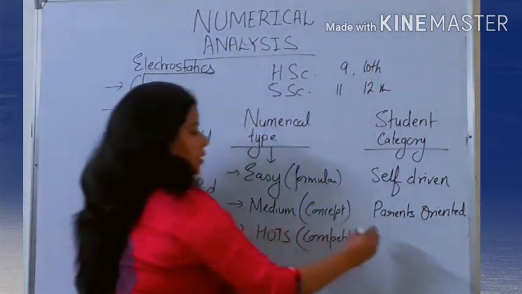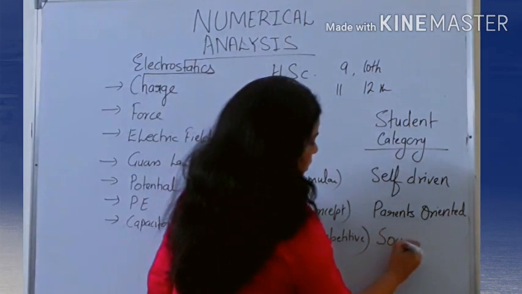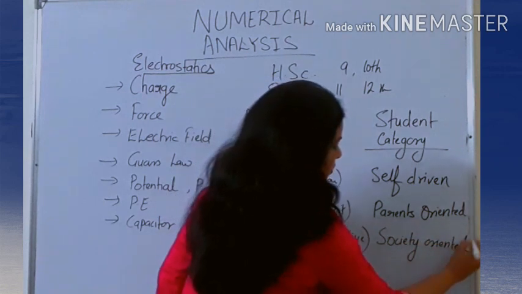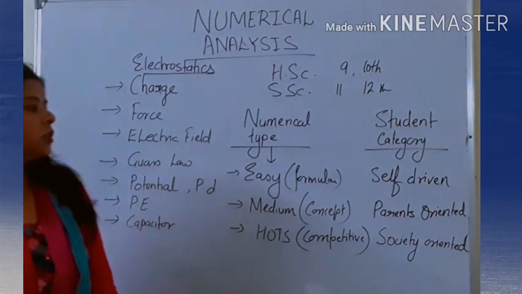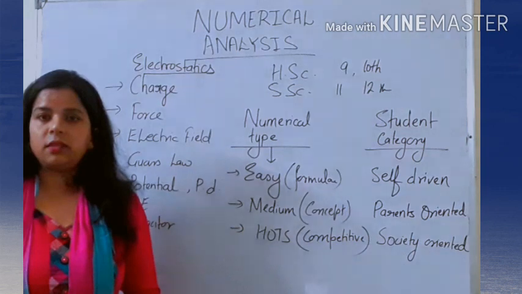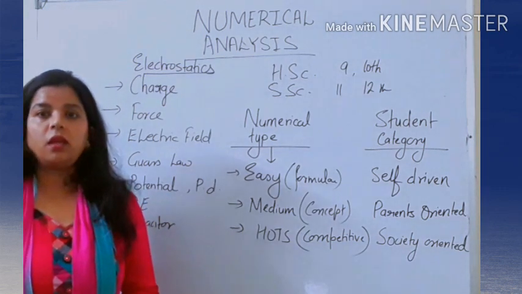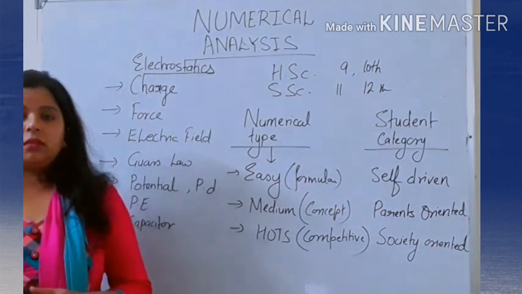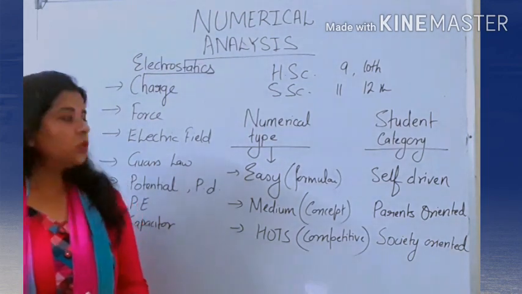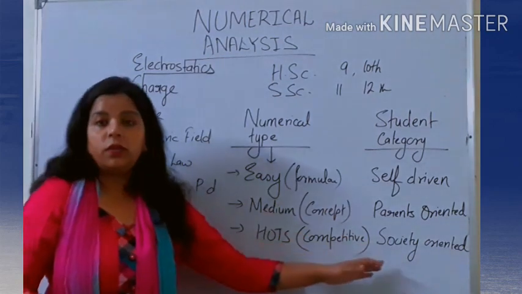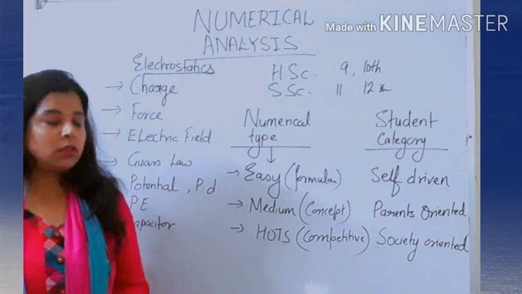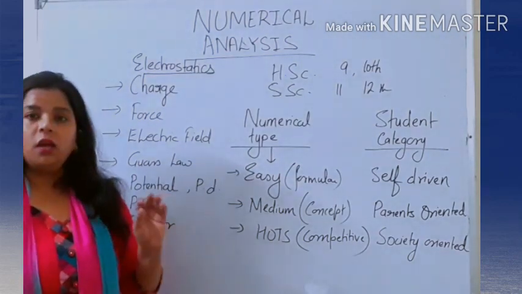Afterward, there are students who are society-oriented. These are students who chose their stream on the basis of their friends, colleagues, or the influence of their uncles, aunties and cousins. They chose their stream not by their own thinking but on the basis of society.